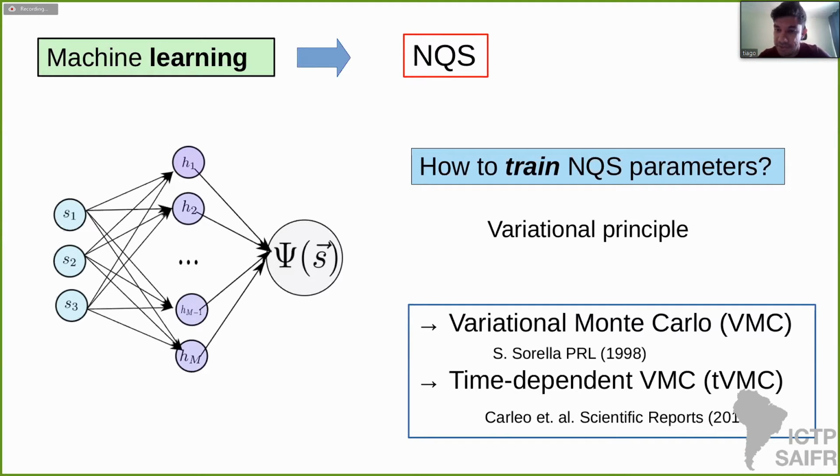And the answer for this is the variational principle. Unfortunately, I didn't put the equations here, but I have them at the end of the presentation. Maybe I can go there later. But it's to use the variational principle, to use this artificial neural network as an ansatz for my variational principle, okay? And this is the second element.